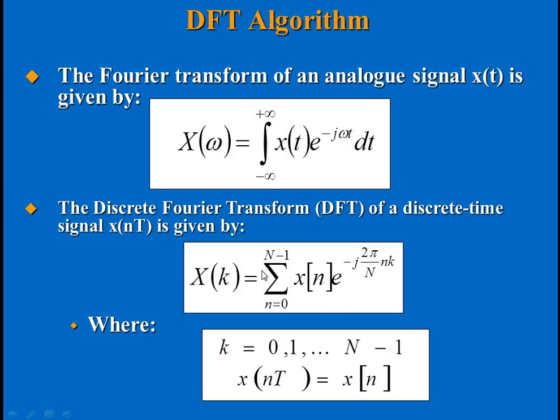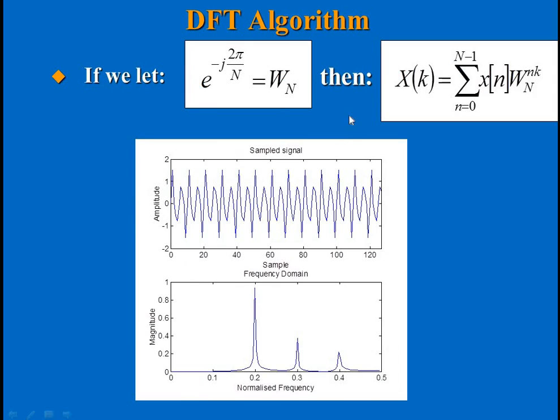Both have a finite length of sequence, which we denote by capital N. Now we can make a modification in the general formula: this term is nothing but the twiddle factor, so we replace it by the twiddle factor W suffix N.